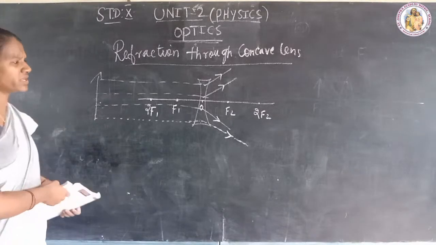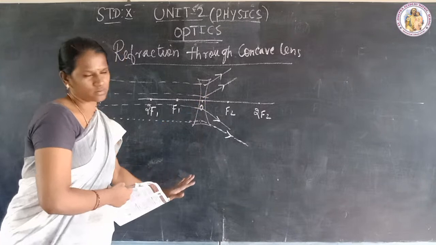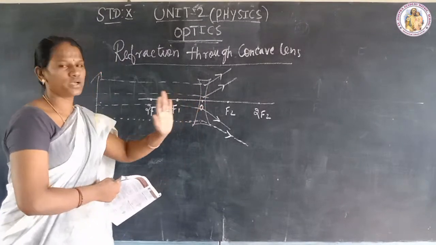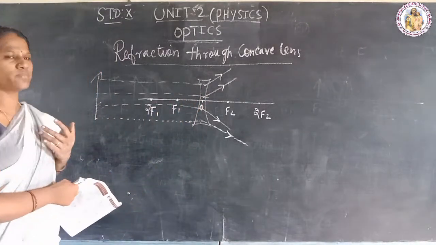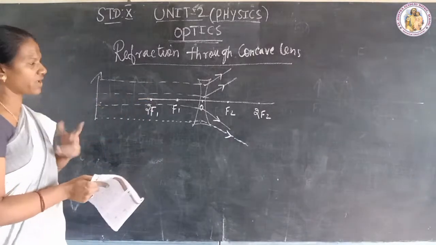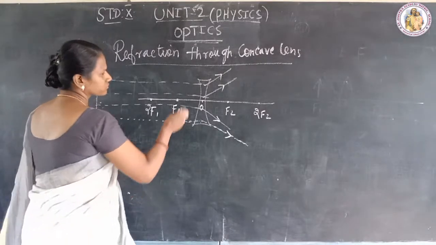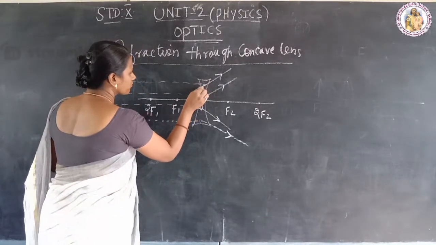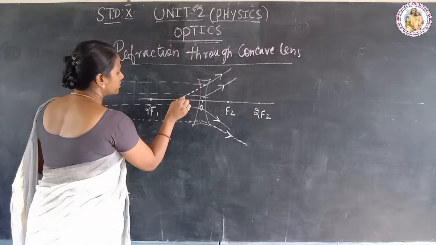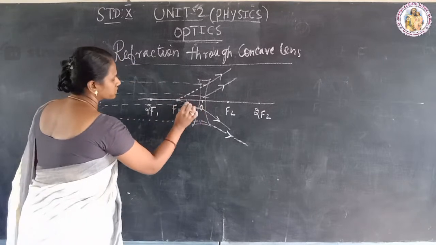But where will the image form? Only when the two refracted rays intersect can we see the image. So in this case of the concave lens, where can we see the image? Listen, if we extend the refracted rays backwards, they converge at a point.